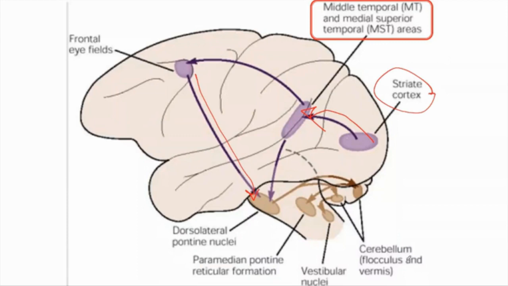The dorsolateral pontine nucleus will control the ipsilateral pursuit, and it can send impulses to the cerebellum and the vestibular nuclei in order to see the target if it is out of the visual space by controlling the head muscles. And also it will send impulses to the parapontine formation and other centers.